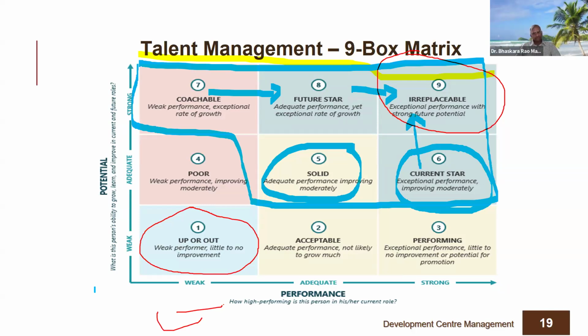But how is that potential being mapped? Performance is a clear outcome of my work. But when I talk about potential, I might have the potential to become the section head, or the CHRO, or I might have a potential where I'm not doing anything.